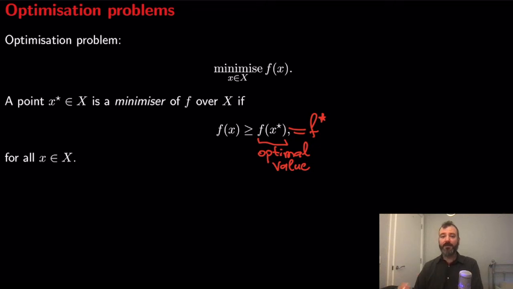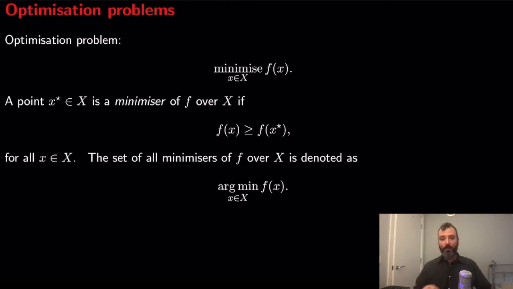You cannot find another x that gives you a smaller cost value. If you take any point x inside big X, it is impossible, this inequality is saying, to find a point that gives you a smaller cost. The cost that you will be getting from other points will be either the same or higher. So this is the very meaning of optimality, the very meaning of x star being a minimizer over f.